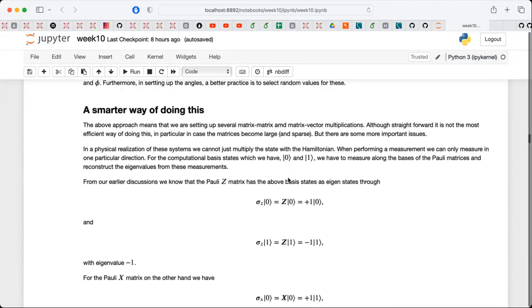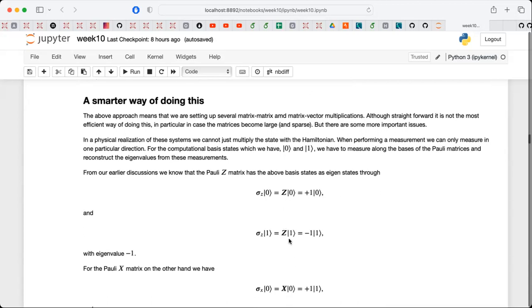And we know that the sigma z, written either in terms of the Pauli Z matrix or just as an uppercase letter Z, when that acts on the state 0, we can then show, and we have seen that before, that this is an eigenstate of the sigma Z matrix. Similarly, the other computational basis state 1 is also an eigenstate of the sigma Z matrix with eigenvalue -1.